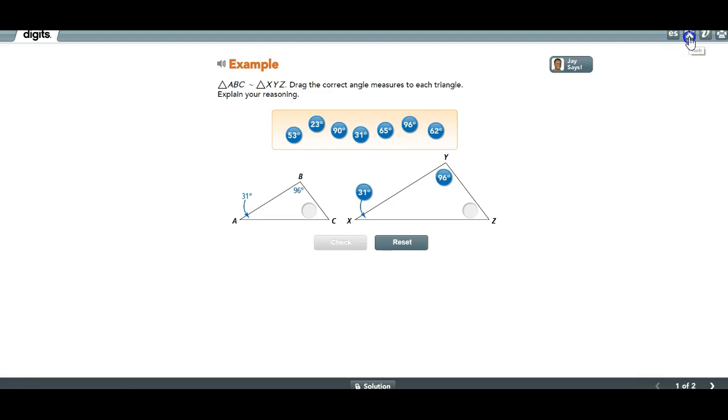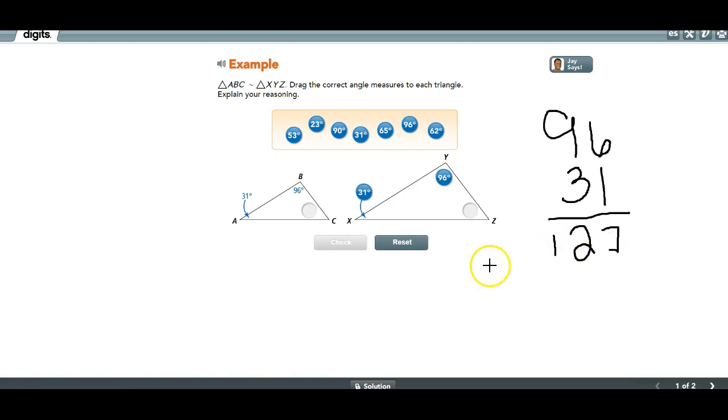So I'm going to come over here. Maybe. Is it going to let me? No. Okay. So the three angles together should equal 180. So I've got 96 and 31. So that's 127 degrees.